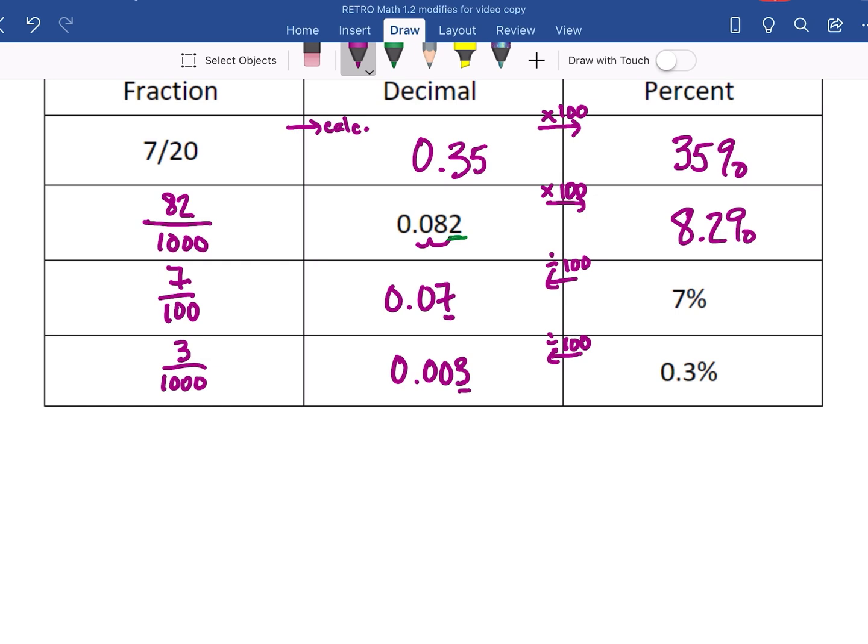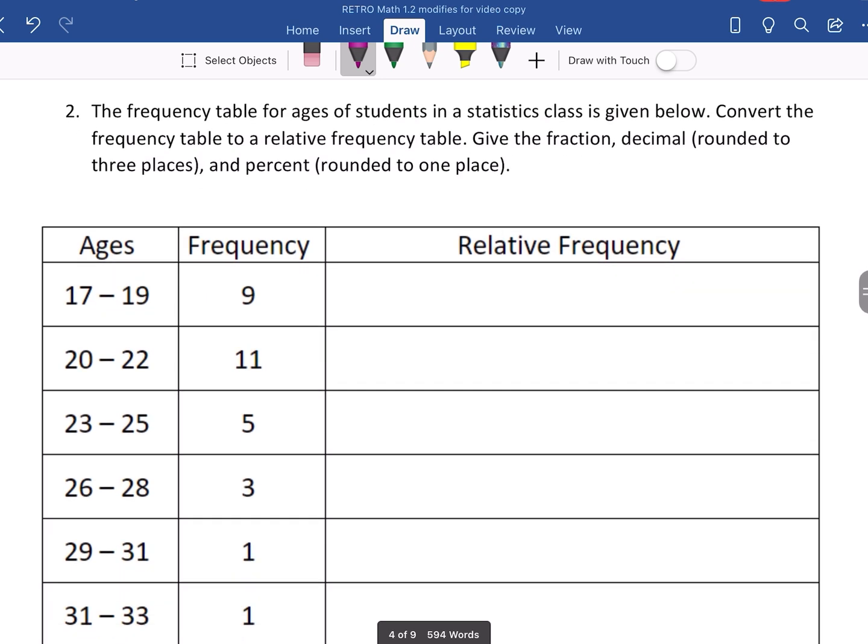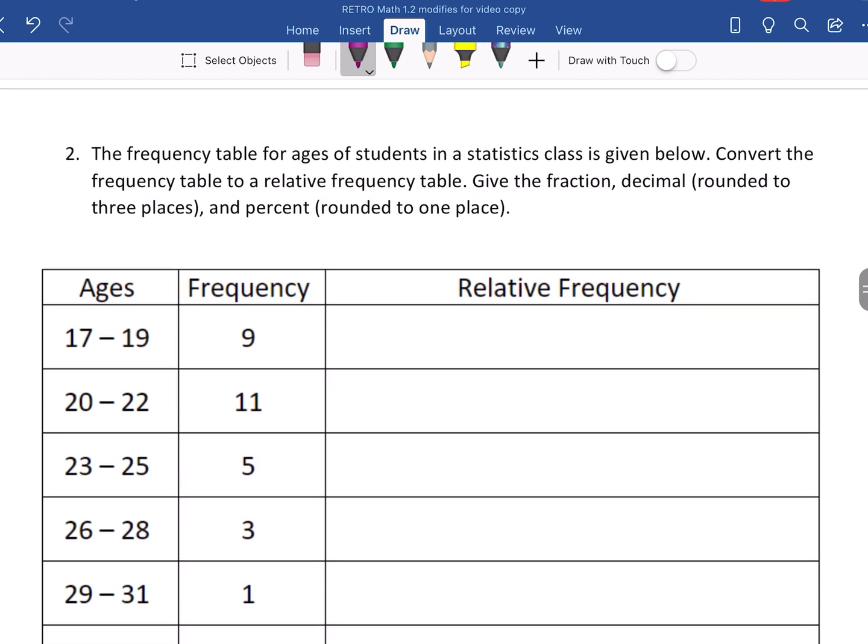All right, now we're going to use the fraction, decimal, and percent format to complete a frequency table. Now we're going to be doing frequency tables in Unit 1. And a frequency table is really a count of how many parts of our sample were in a certain class, where, in this case, 17 to 19 is an age class, the class of 17-year-olds to 19-year-olds.